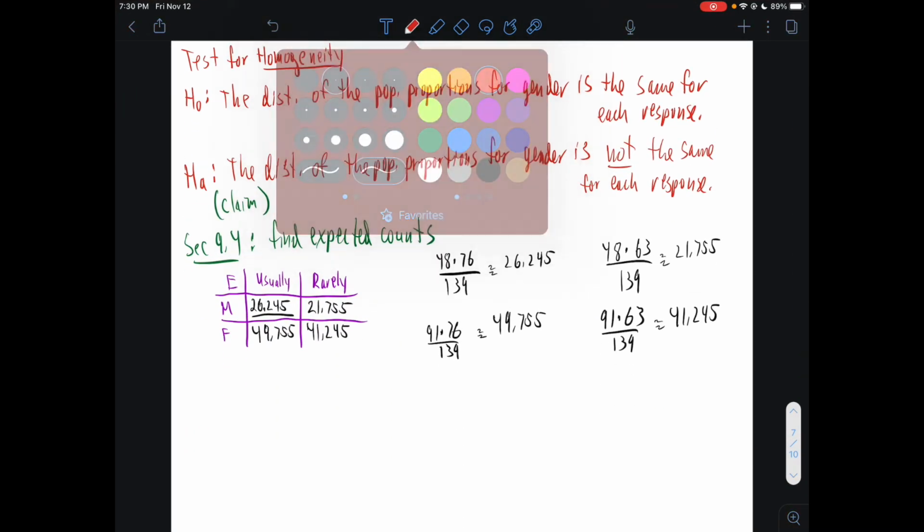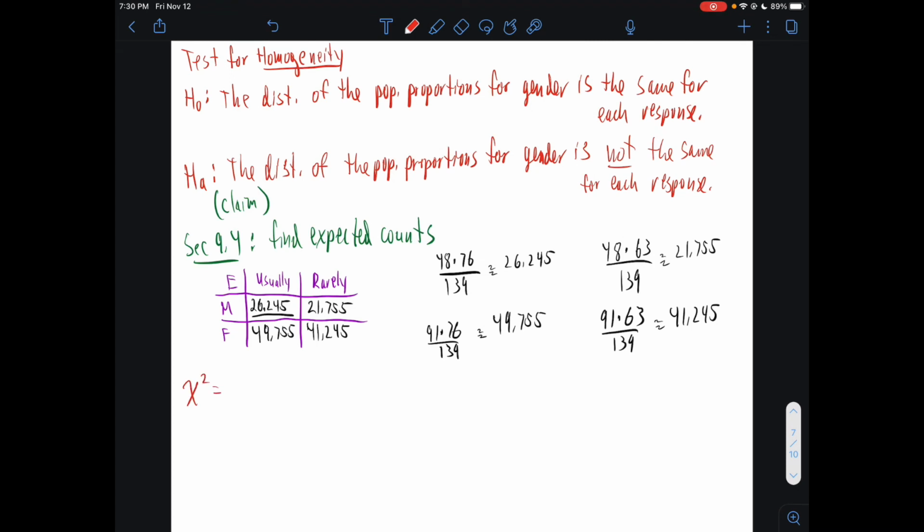So our results: chi-square equals 2.314, p-value equals 0.128, and then degrees of freedom, again, it would be 2 minus 1, number of rows minus 1, times 2 minus 1, number of columns minus 1, which is 1 times 1, or 1.